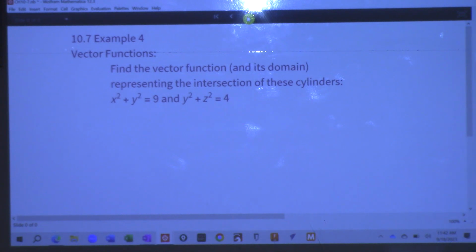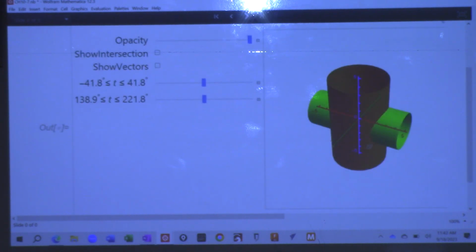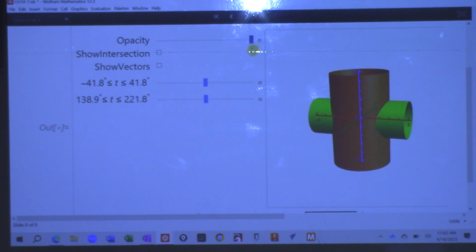Does that seem difficult? You are trying to find these two cylinders, right? You have to come up right now with, see that blue curve there? The intersection of those two?